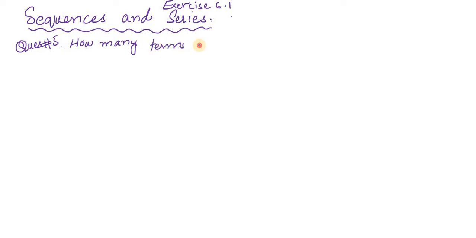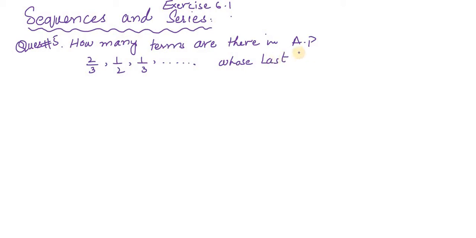How many terms are there in the arithmetic progression? That means Tn is equal to minus 17 over 6.